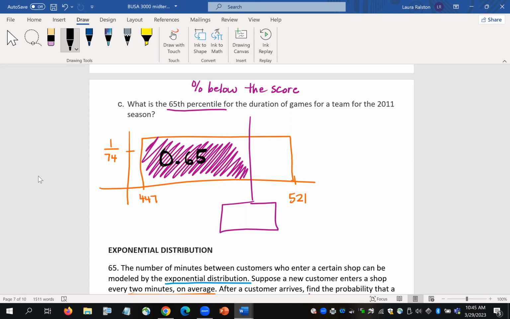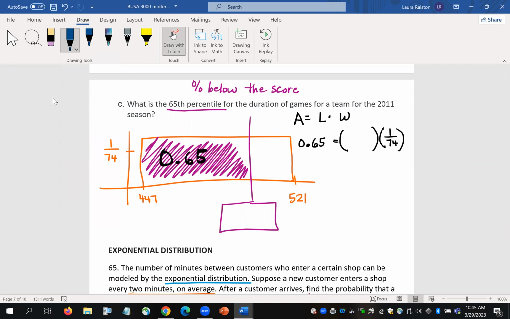So again, we have a rectangle. We still use our formula, area equals length times width. Okay, so I know that my area is 0.65. I know that the width corresponds to the probability, which is 1/74. The length, this is probably the part that gets tricky for students.